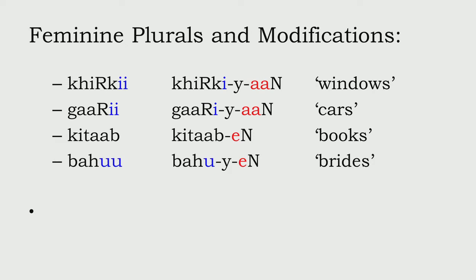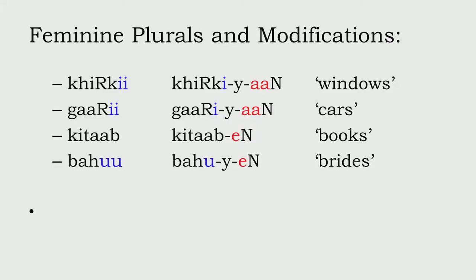One, that are ending with long e like khidki, the final vowel in this word, gaadi, the final sound of this word is long e, and kitab which does not end with long e, and bahu which also does not end with long e. But the story of kitab and bahu is slightly different in the sense that kitab ends with a consonant b and bahu ends with another vowel, but not long e.